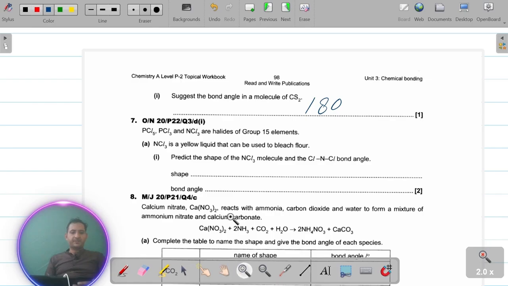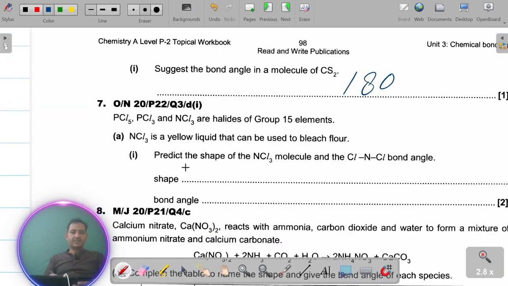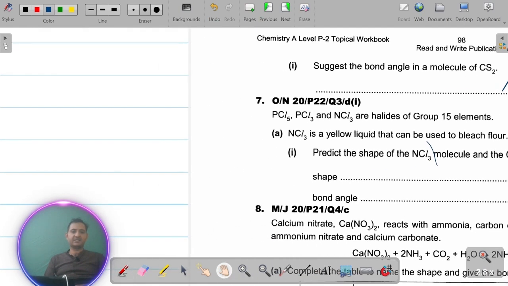PCl5, PCl3 and NCl3 are halides of group 15 elements. NCl3 is a yellow liquid that can be used to bleach flour. What is the shape of the NCl3 molecule and the Cl-N-Cl bond angle? It is just like NH3.